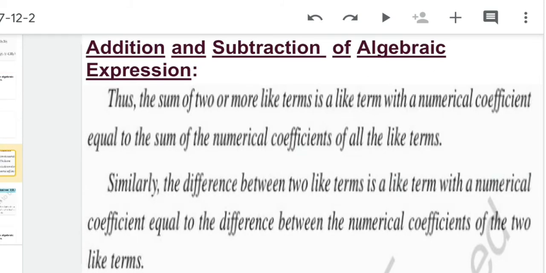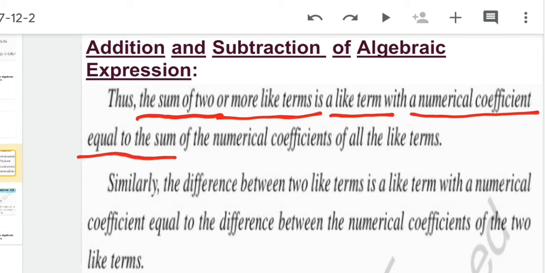Now addition and subtraction of algebraic expressions. You have to keep a few things in your mind while you add or subtract algebraic expressions. The first thing is, the sum of two or more like terms is a like term with a numerical coefficient equal to the sum of the numerical coefficients of all the like terms. It means you can only add or subtract like terms together.